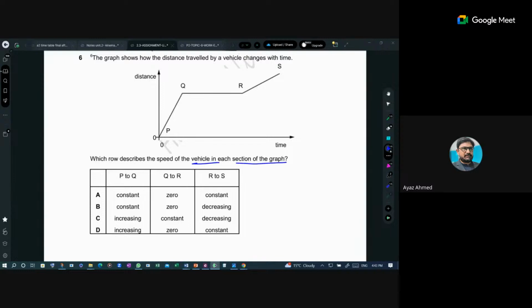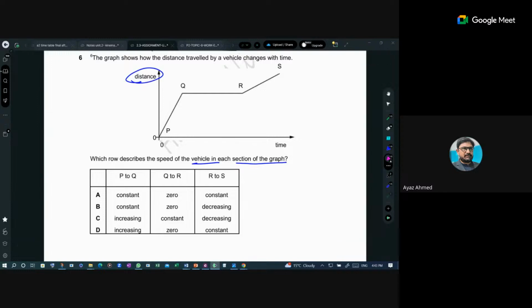This is what I was talking about: PQ, QR, and RS. This is a distance time graph. In graphs, the most important thing is to see the label, what the y-axis is. So it is a distance time graph. It means its gradient is speed. So you have to show between PQ, QR, and RS what is happening.